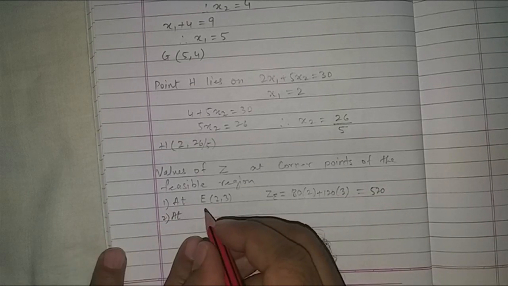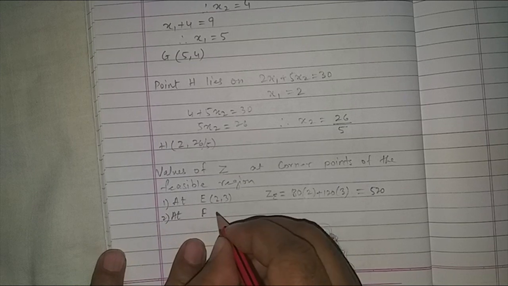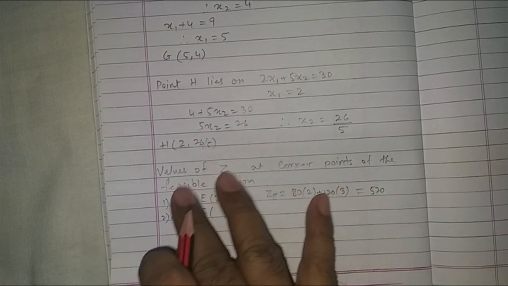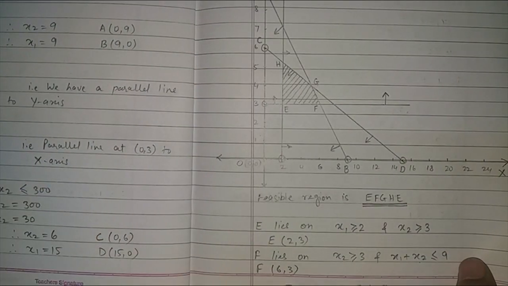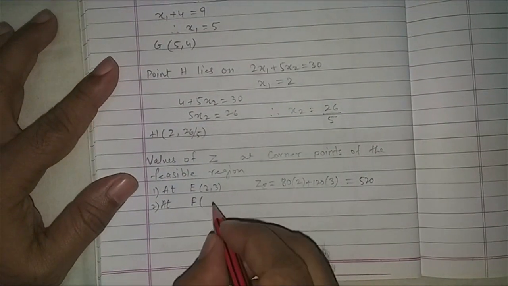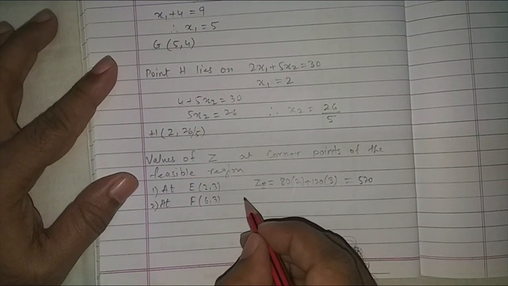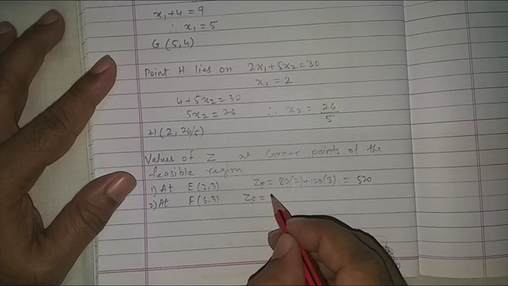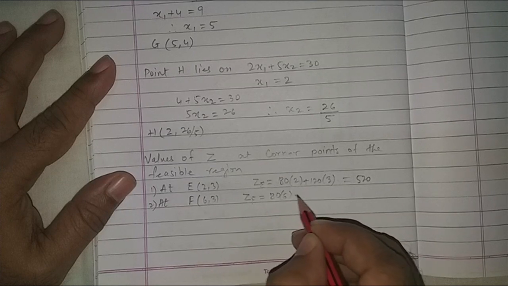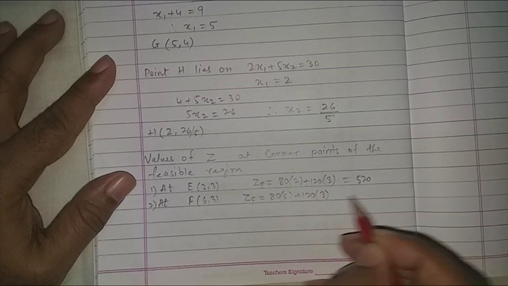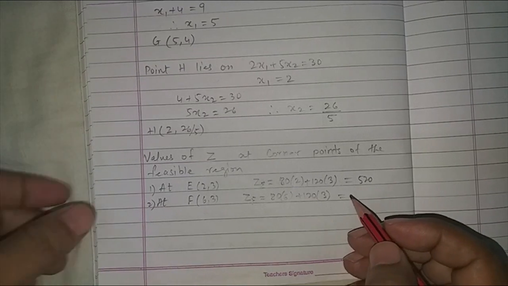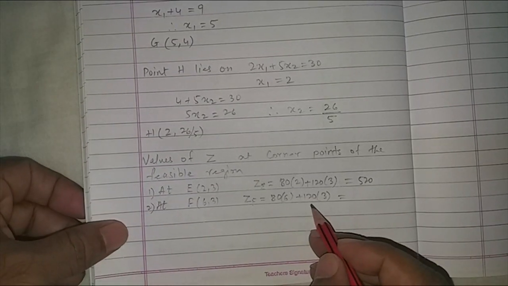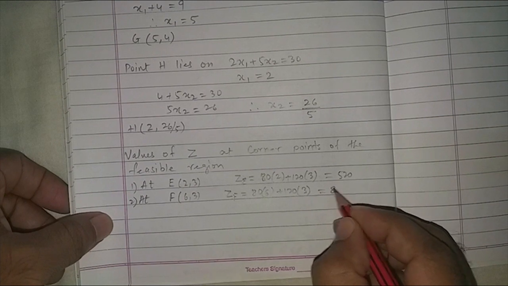At the next corner point, we have F. The coordinates for F were (6, 3). ZF is equal to 80 into 6 plus 120 into 3. That gives you 480 plus 360, 840.